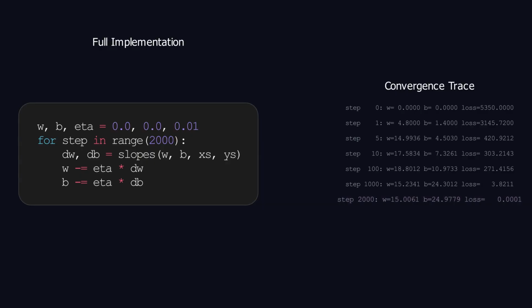B equals 24.98. Loss 0.0001. The model found, predicted score equals 15.01 times hours plus 24.98. The true line is 15 times hours plus 25. SGD got within 1/100th of the true answer in 2000 steps with 10 lines of pure Python.